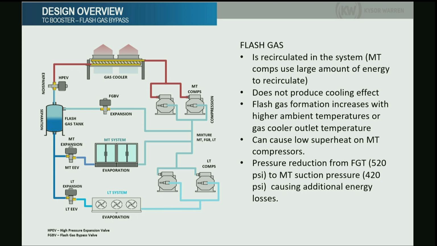If in the end your temperature is lower than you need for superheat, we have a hot gas injection that will increase that superheat. If that's too hot, then we have liquid injection that cools down. But yes, that is a mix of all these three flows going into the suction of the compressor.